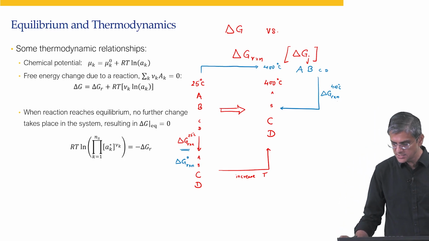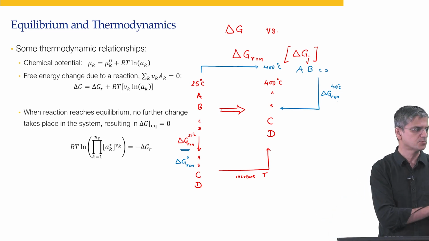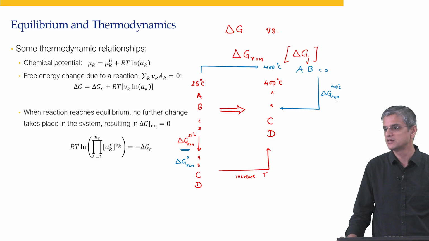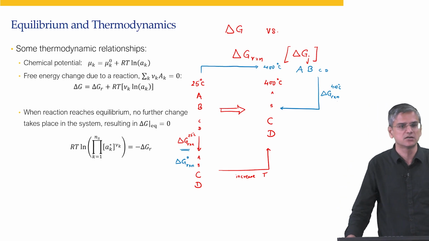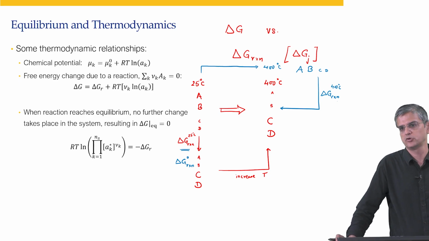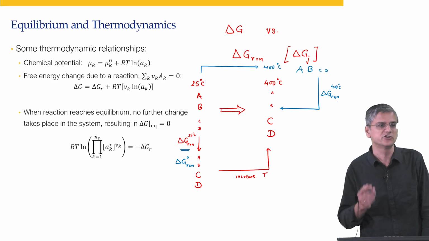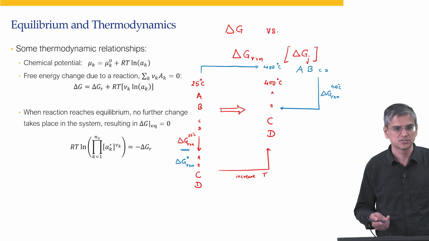Now delta G is the delta G of overall transformation going from the first point to the second point. It does not matter, again, state function, it does not matter how you get there. This is essentially the core concept, one of the core concepts of thermodynamics.